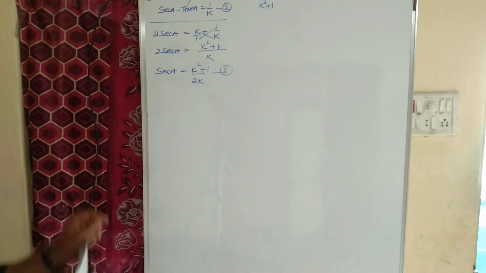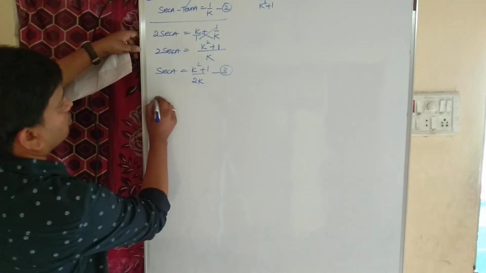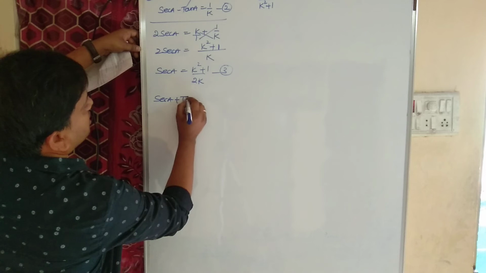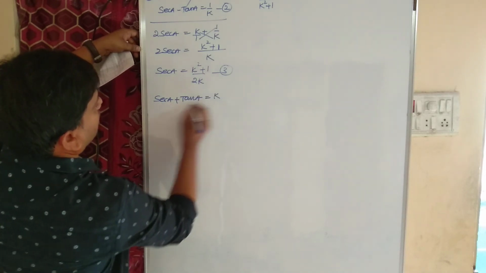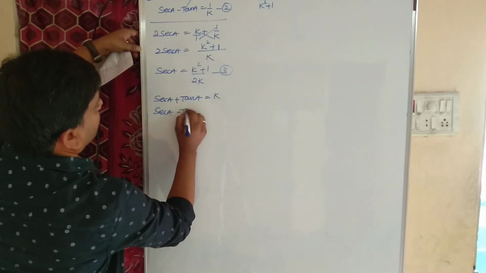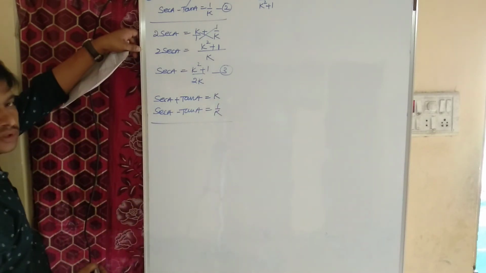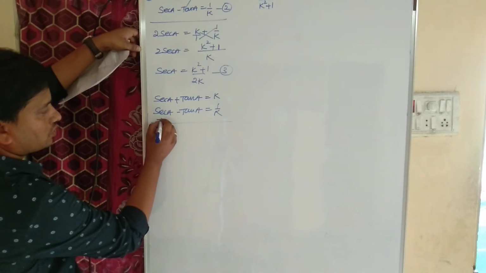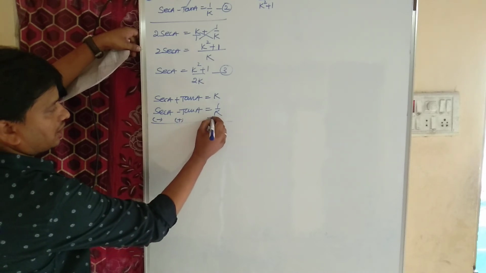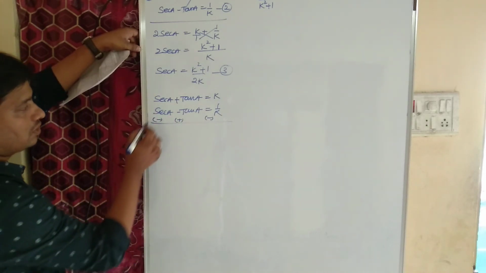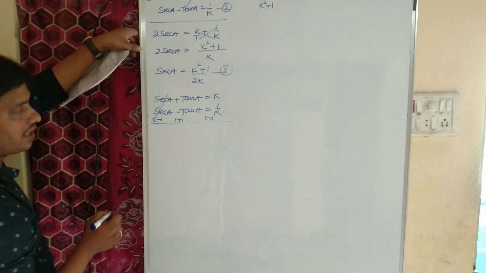Now subtract equation number 1 and equation number 2. Equation number 1 is sec a plus tan a equal to k. Second equation is sec a minus tan a equal to 1 by k. Children, we are subtracting here, so the signs will change. Therefore, sec a minus sec a cancel.